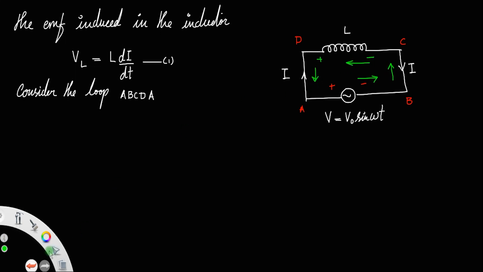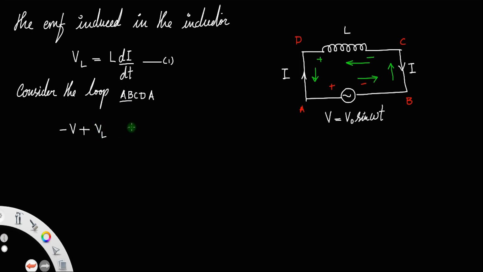Now by Kirchhoff's law we know if we move along positive to the negative side, that is in AB, we are moving from positive to negative side. So we can take this as the negative voltage. So minus V. Plus there is no voltage in the branch BC. Now the voltage across CD, we are moving from negative to positive, so we have to consider that as positive.